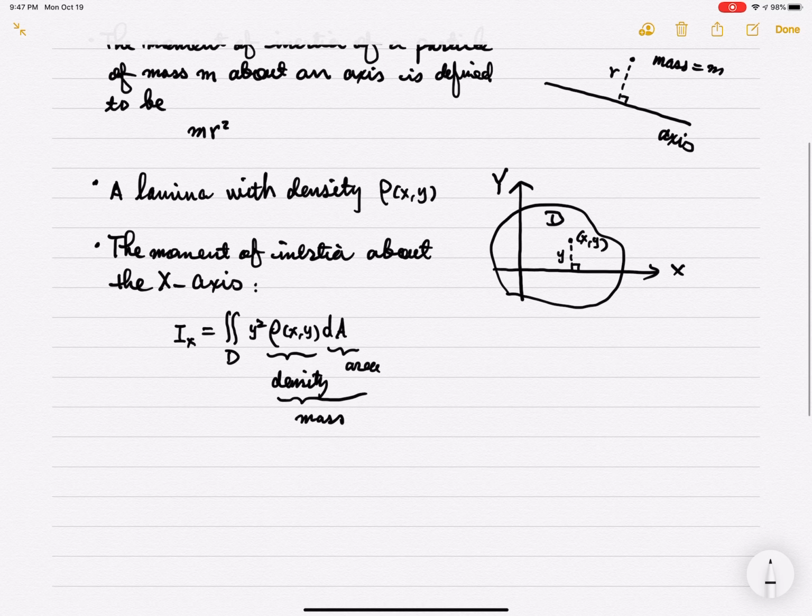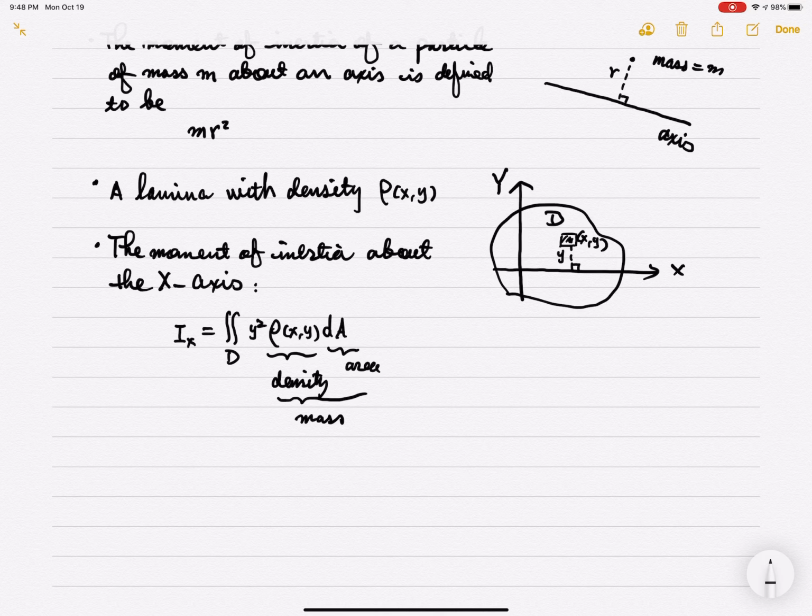If you think of a small patch, density times area is the mass, and then mass times the distance squared is the moment of inertia of that small piece about the x-axis.